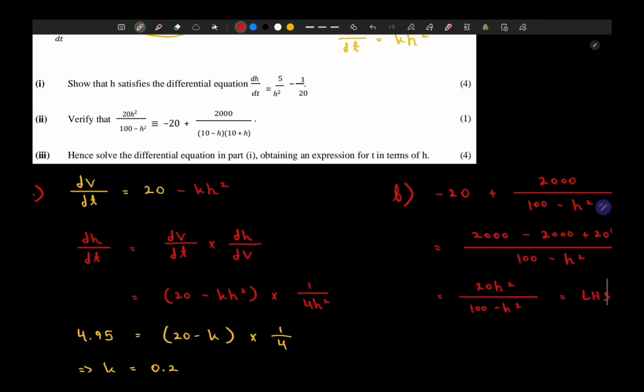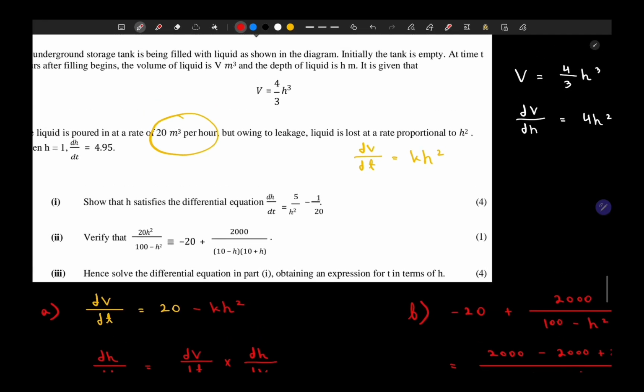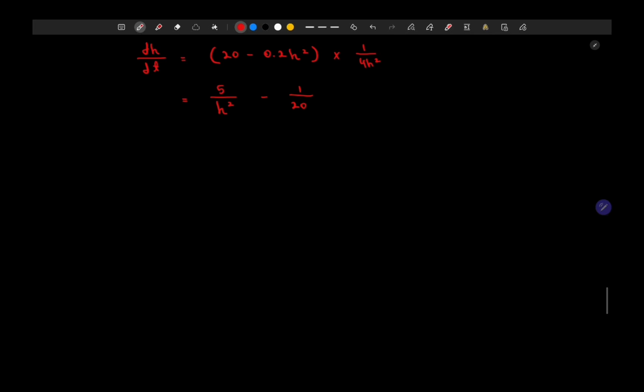Now moving on to the next part: hence solve the differential equation in part 1, obtaining an expression for t in terms of h. So this is a differential equation. We know that dh over dt is this equation. If we want to write this equation in this form, 20h squared, and 5 times 20 is 100, so it's 100 minus h squared.